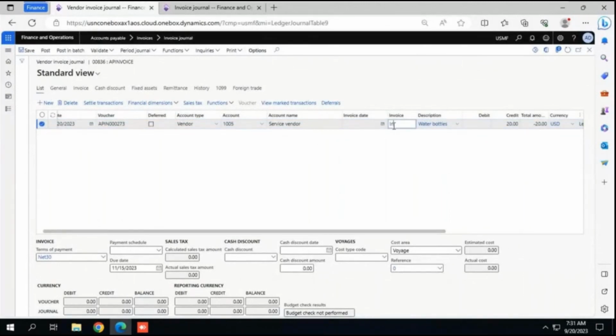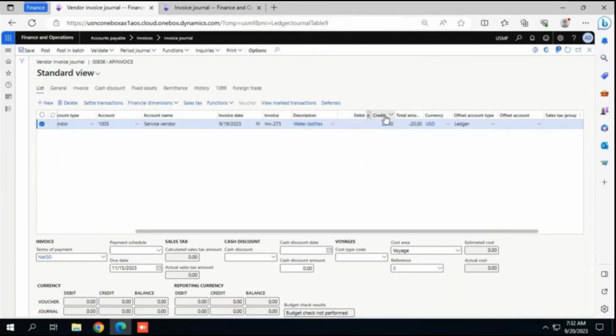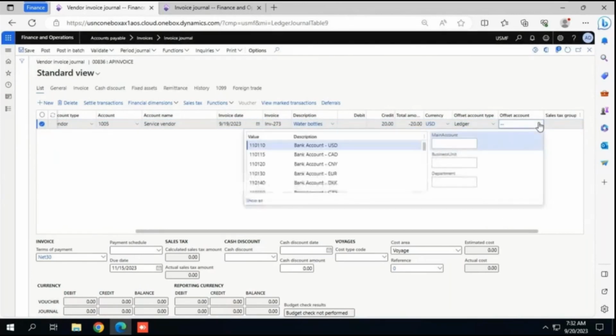That invoice copy number I need to enter here, the invoice number. And this invoice is generated by the vendor today or yesterday. So the vendor has given me an invoice copy for water bottles.